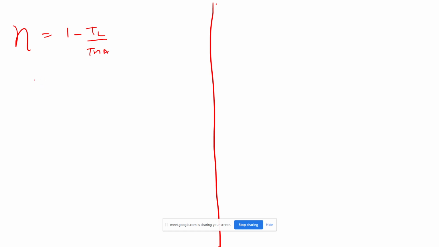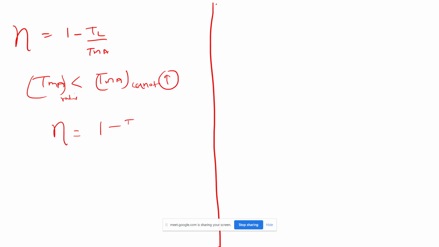For Rankine it is lower, and T mean for Carnot is higher. Therefore this whole term will decrease, and efficiency will increase.